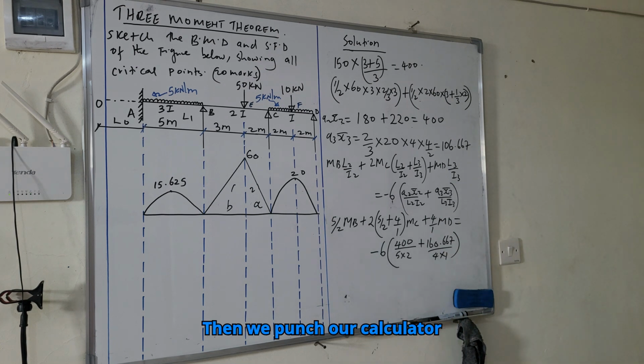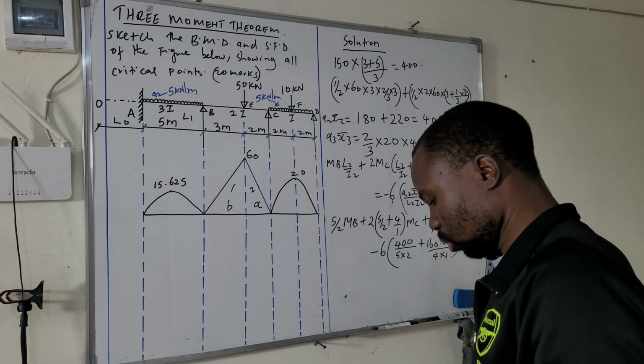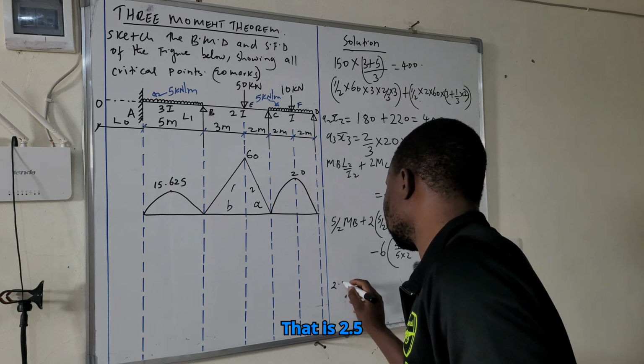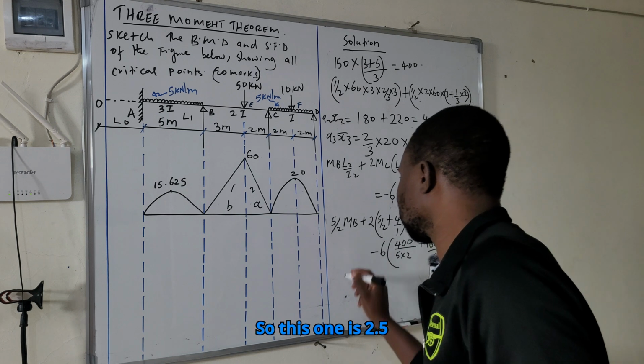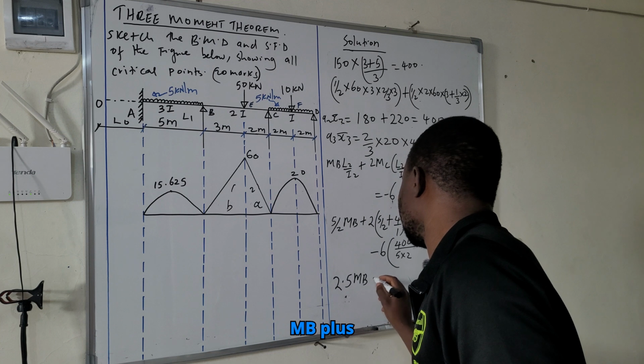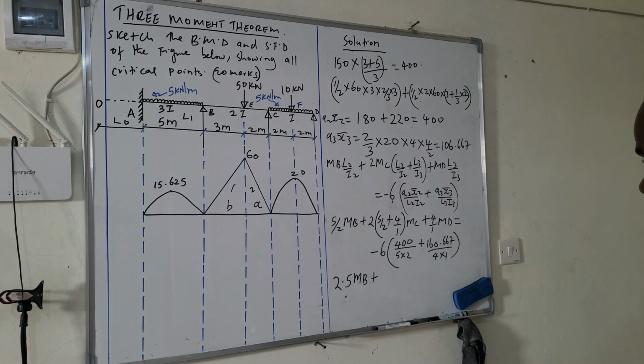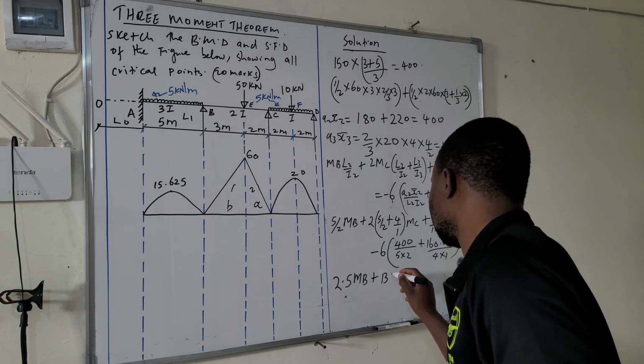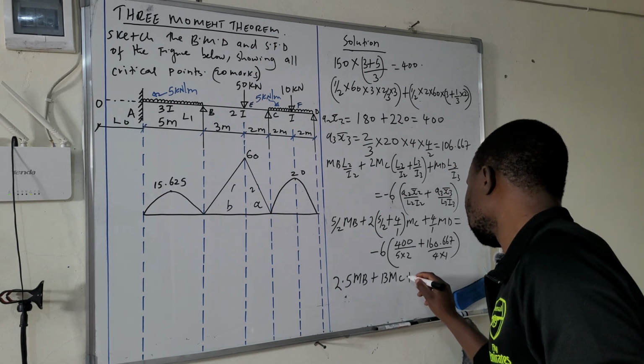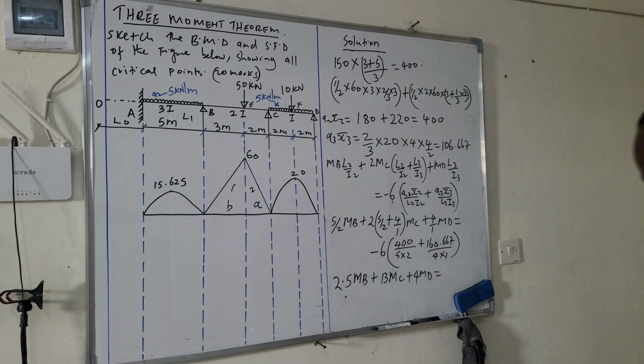Then we punch our calculator. So this one is 2.5 MB plus, 2.5 plus 4 times 2, that is 13 MC, plus 4 MD is equal to 400 over 10 plus 160.667 over 4, times negative 6.